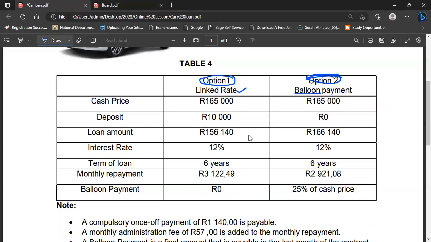It's a lump sum amount of money one pays at the end of the loan. We shall see how it's calculated. So we shall look at the options.